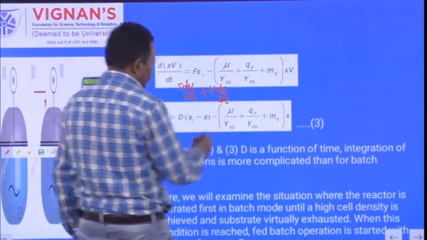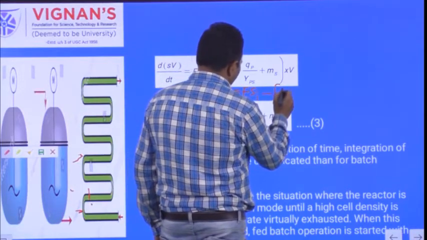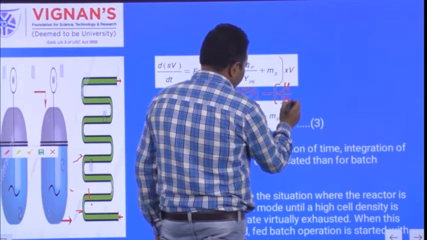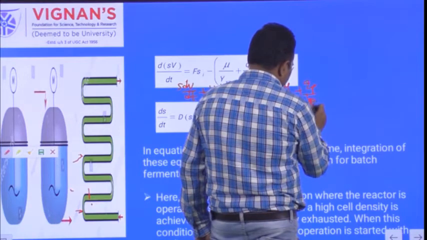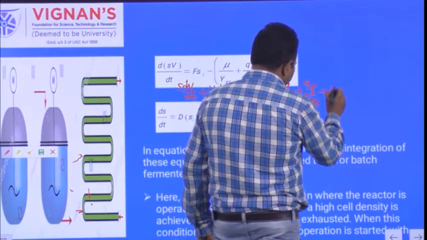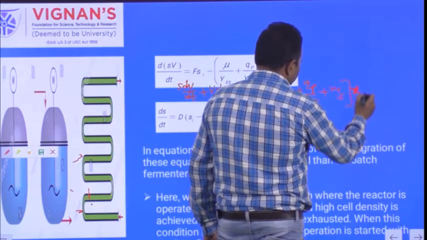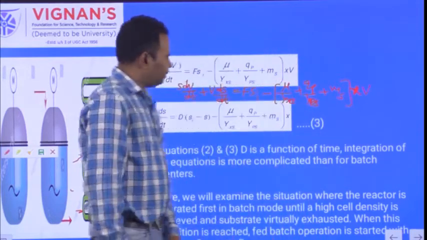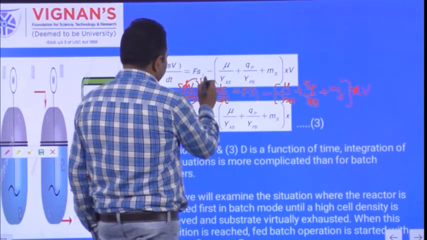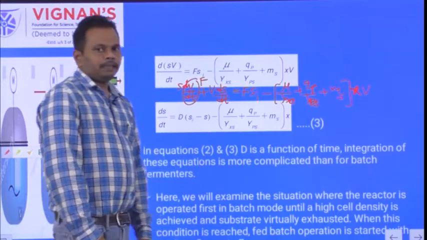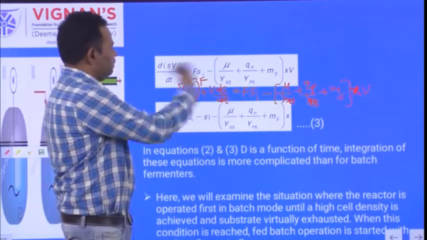The dS by dt is equal to F Si, again minus mu by Yx/s plus qp by Yp/s plus ms, into X into V. So what is dV by dt? Again similar to the earlier one, here also dV by dt is equal to F. That means the volume change with respect to time, we write this as F. Now take F to the right hand side.